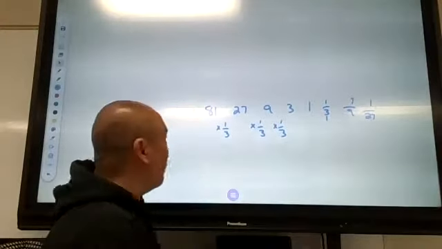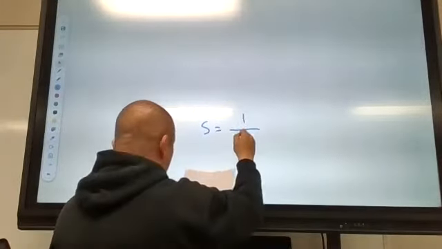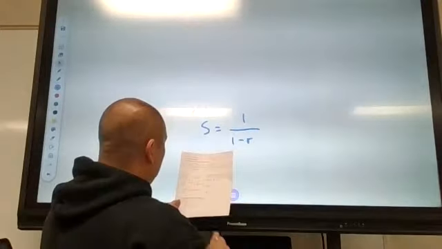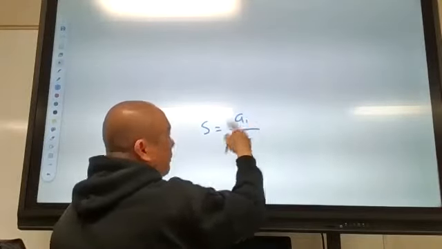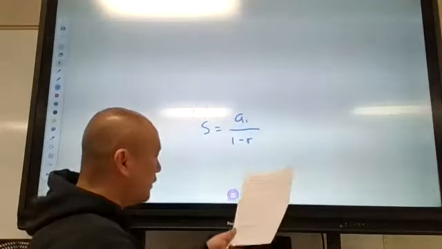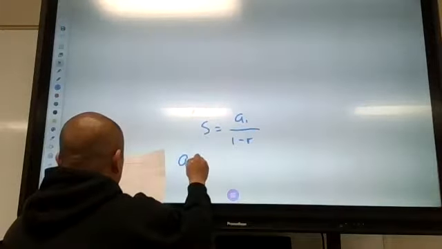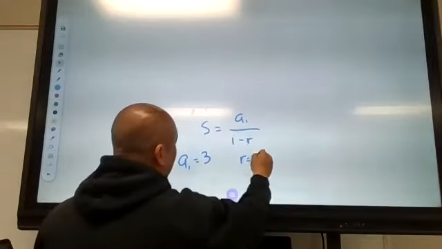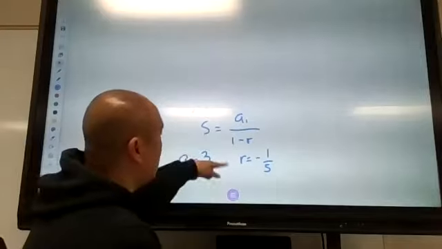Okay, and this is the formula that I just showed. S is equal to, sorry, not 1 over, it's a sub 1, the first term, over 1 minus r. So if you look at number 13, the first term is equal to 3, and r is equal to negative 1/5. If you plug these in, you'll get the sum.